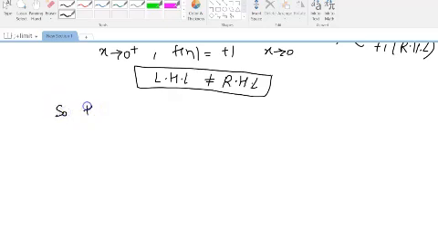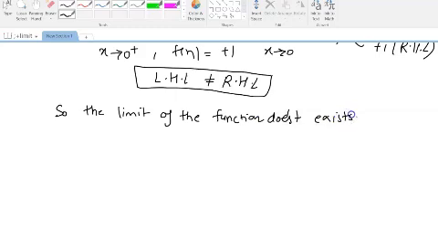So the limit of this function does not exist.